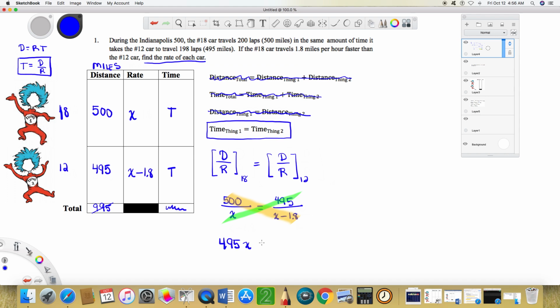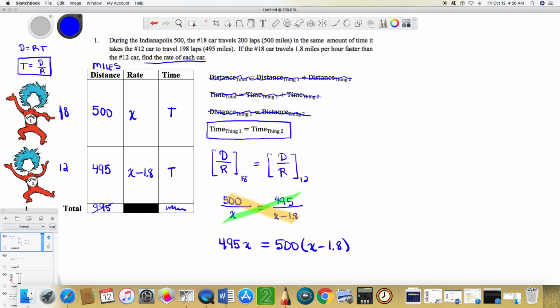Now, 495x is along the green diagonal, and 500 times x minus 1.8. All right. Let's continue up here.